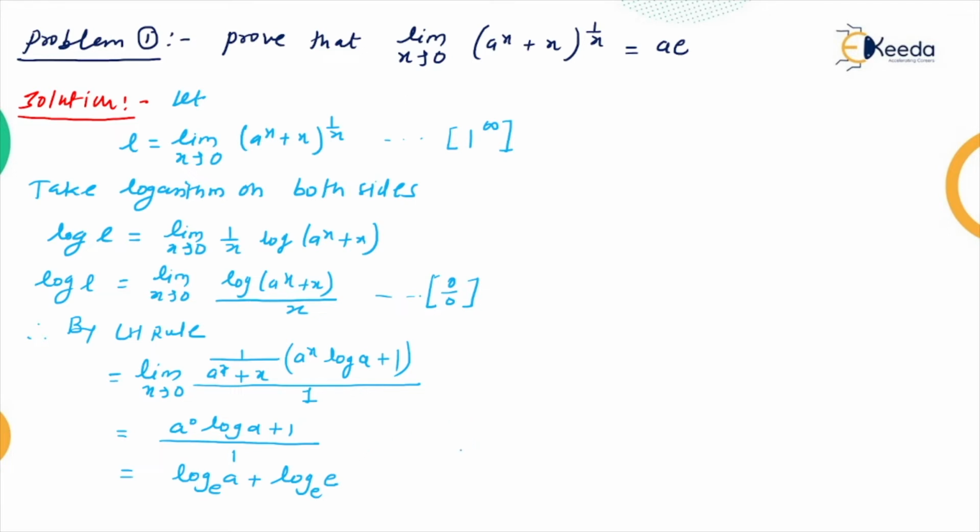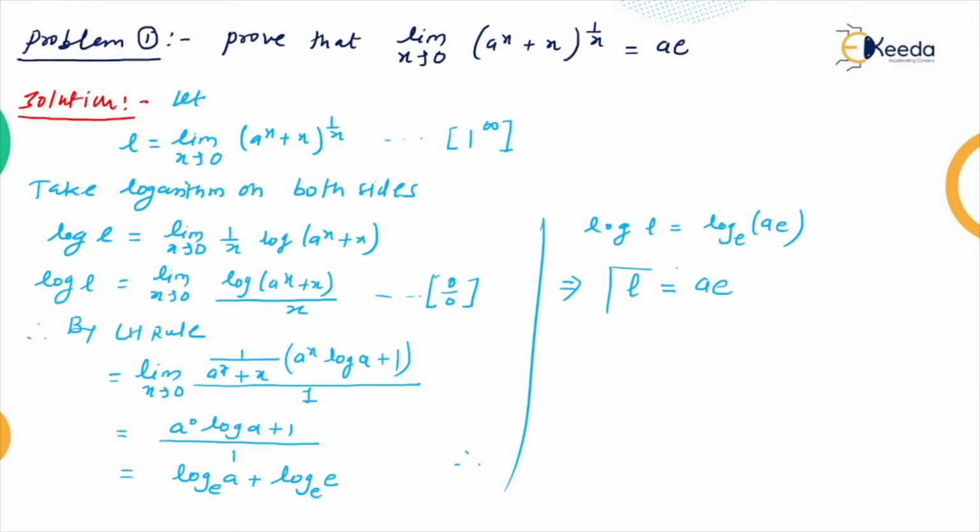Therefore, your final answer is: log of L is equal to the product, log to the base e of a into e. So here on both sides there is a logarithm, which implies the logarithm gets cancelled, and comparing, the limit L is equal to a into e.